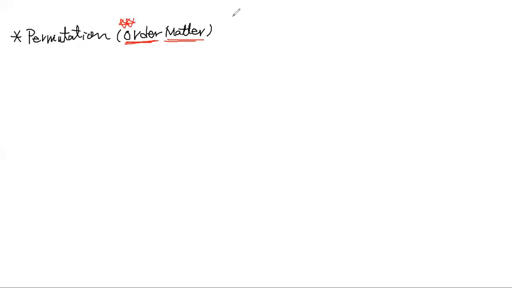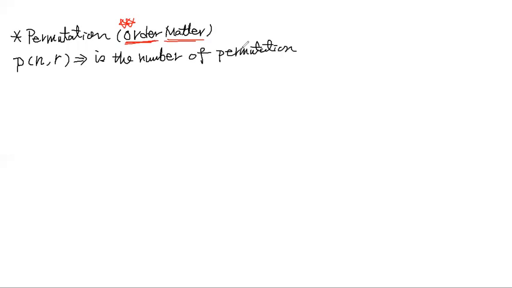The notation for the permutation is P, n, r. So what is this? This is the number of permutations of n elements.